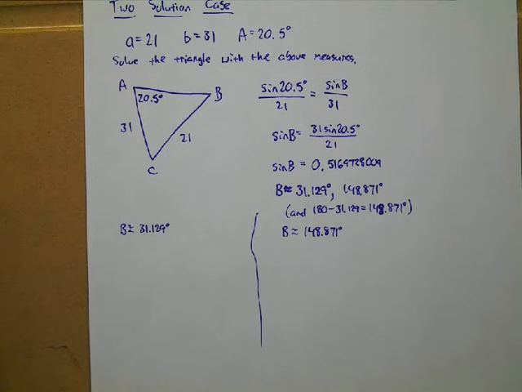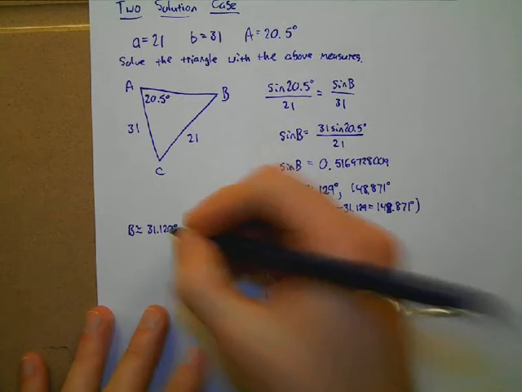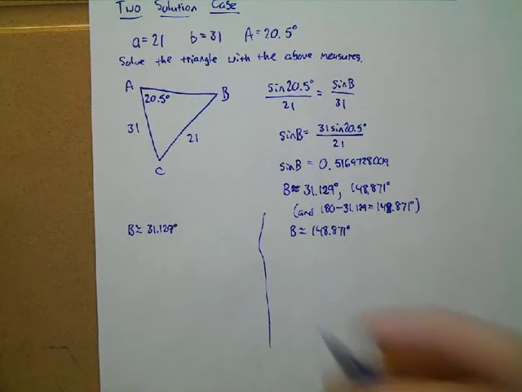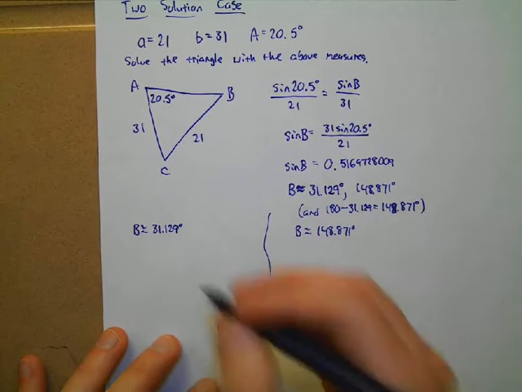I might just redraw the triangle so I can have it handy. So 20.5 degrees, 31.129 degrees, 21, 31. Now we can find angle C pretty easily.